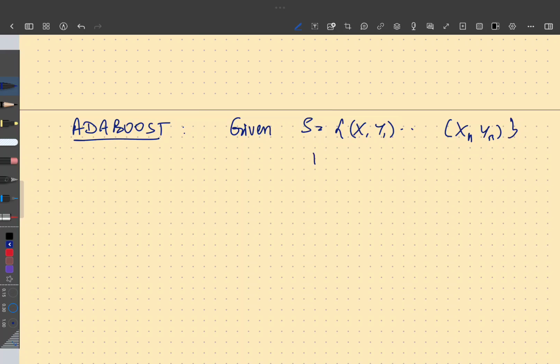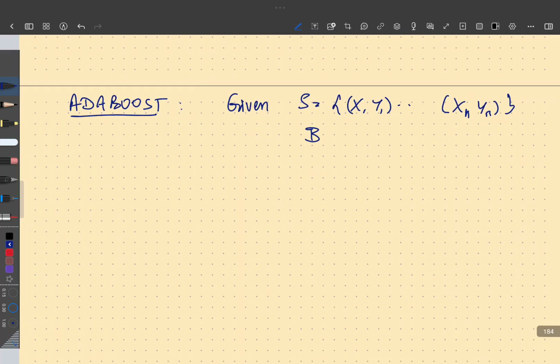We are given a base class B. So step 1: you first set P1 of xi to be equal to 1 by n for all i equal to 1, 2, 3 up to n. This is the starting distribution, which is just the uniform over the samples.